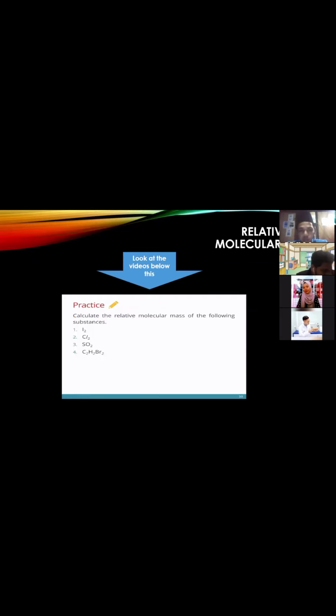Now have a go at calculating the relative molecular mass of each of the samples. Pause the video now. Did you get all of them correct? Great. Now, one more term here, which is the relative formula mass.